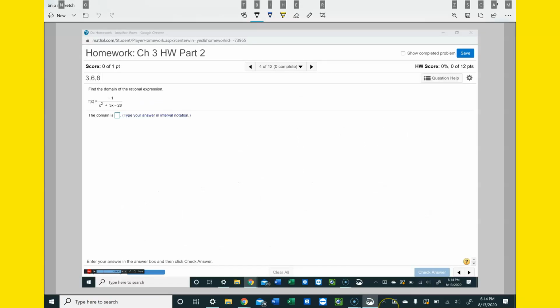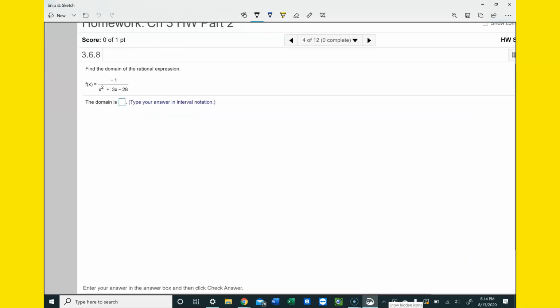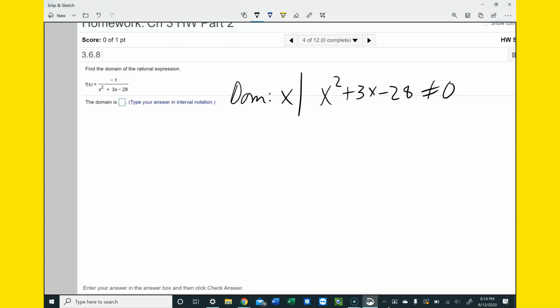All right, number 4. Same situation we got going on here. The domain is all x such that x squared plus 3x minus 28 does not equal 0. I then go further to try to solve for x. So that's going to be x plus 7, x minus 4 does not equal 0.